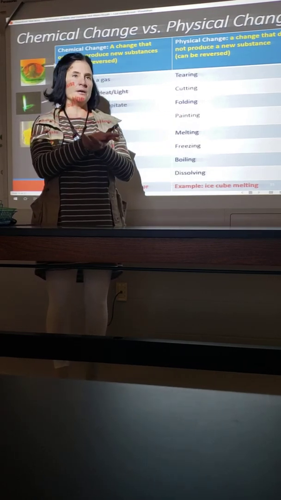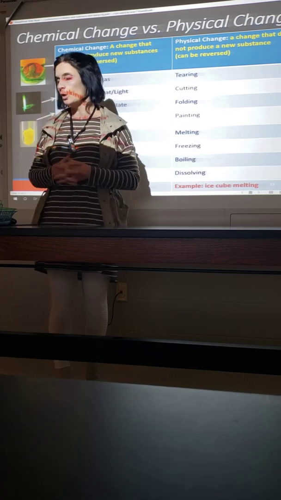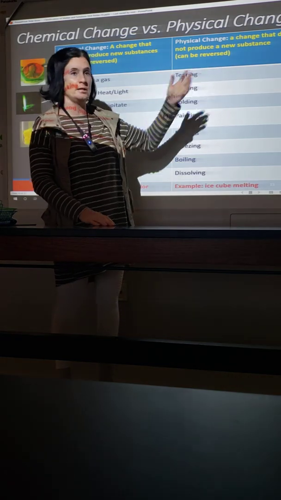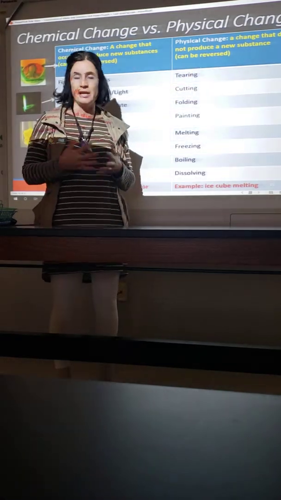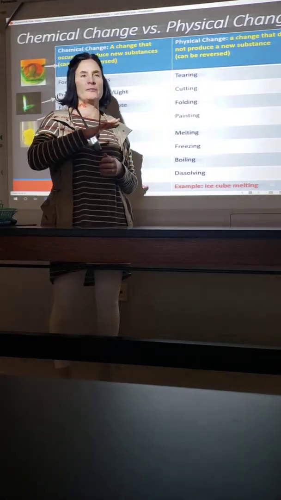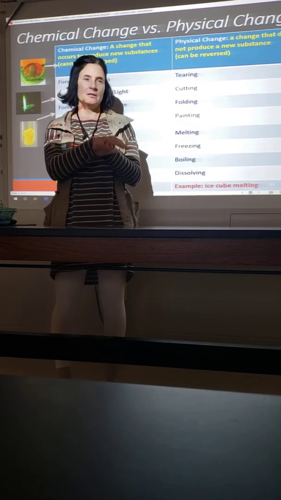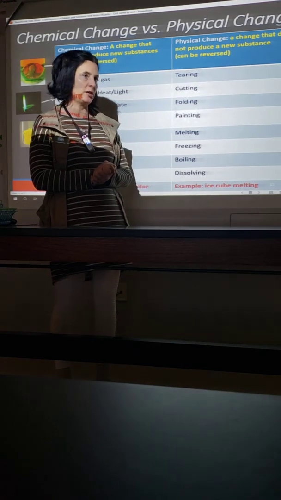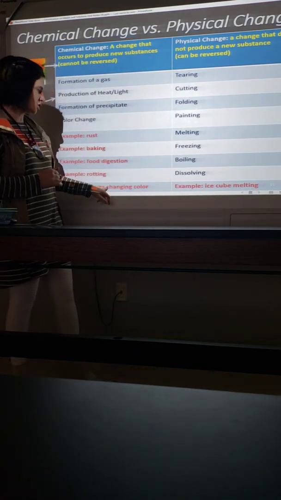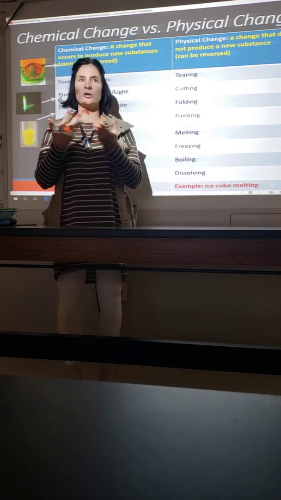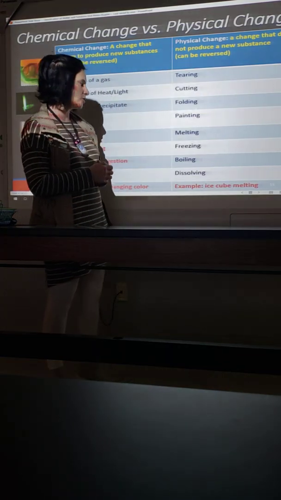Whether it's my nail, the wall, or the board with the blue and green ink on it, it's still the board. I just put color over top of it. So if you're just putting color over top of it, then it's considered a physical change. Leaves changing color, those aren't spray painted, right? They are changing color internally, and so that's a chemical change.